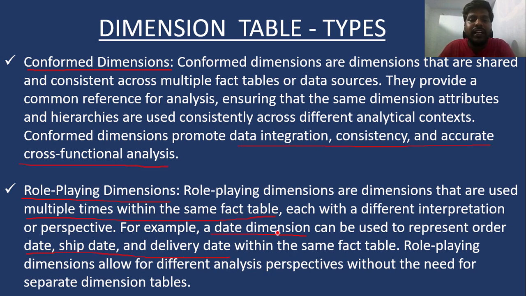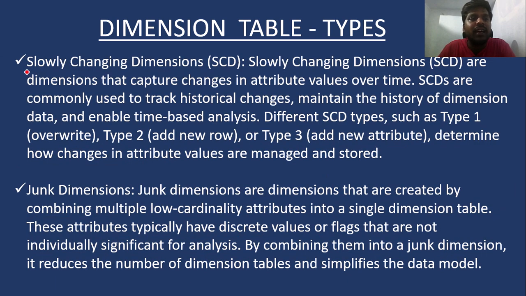I hope the date dimension is easily understandable, where we use the date dimension for separate dates, and we use DAX to activate the inactive relationships. Such role-playing dimensions are used in dimensional tables. Moving further, we have read about slowly changing dimensions, which capture the changes in attributes over time.